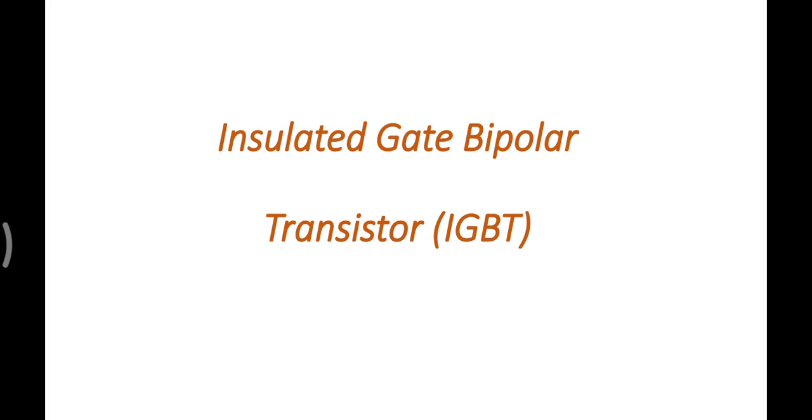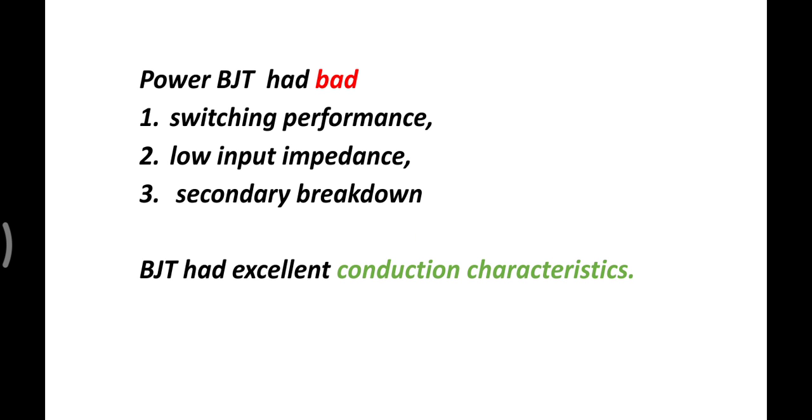There are some advantages and disadvantages with the MOSFET, and there are some advantages and disadvantages with the BJT. Now we are going to combine the MOSFET and BJT to form an IGBT.